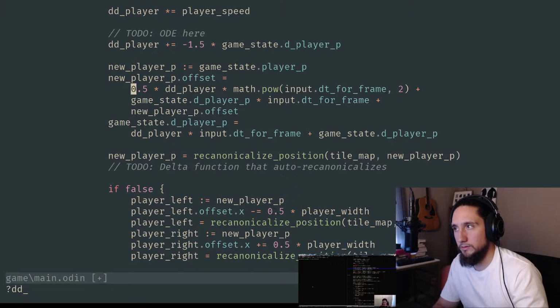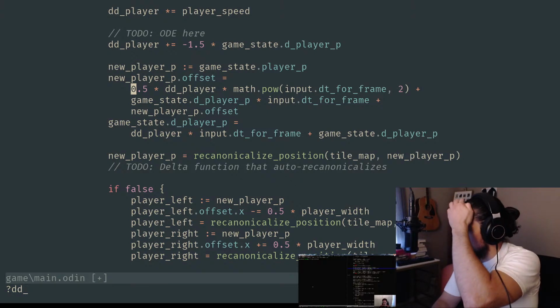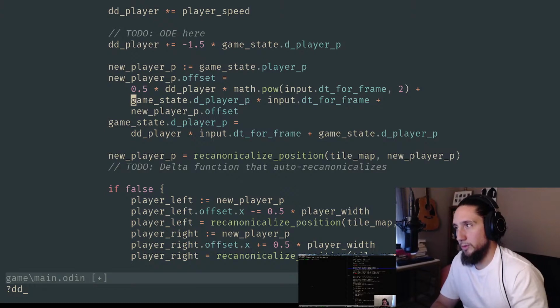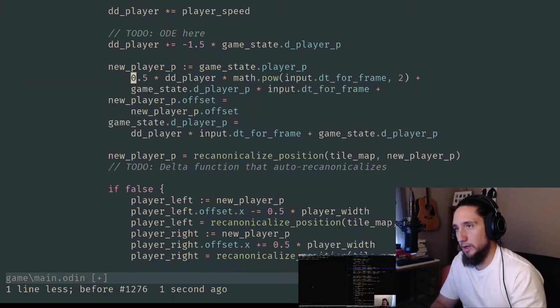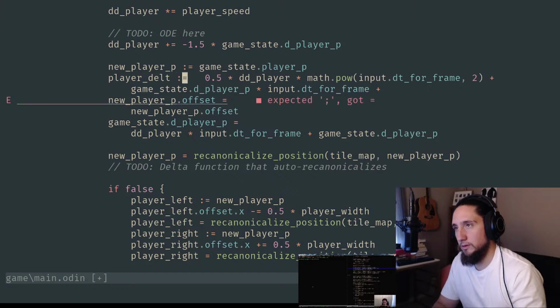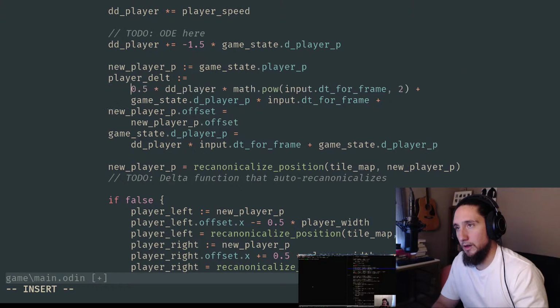here, right, so this gets pulled into that. Whoa. Right? Player delta. Calculated out.